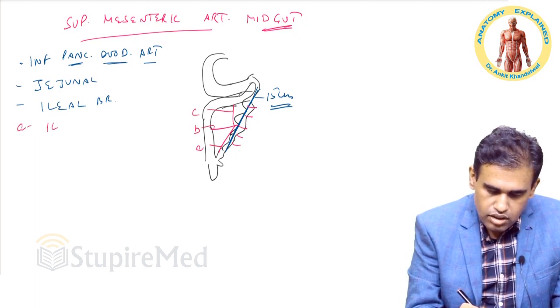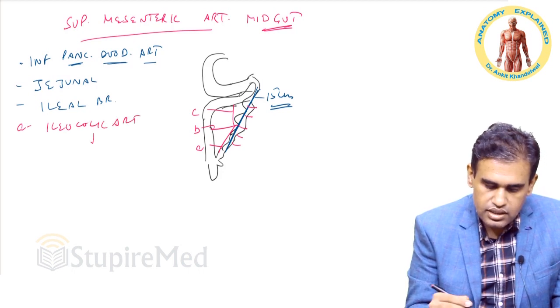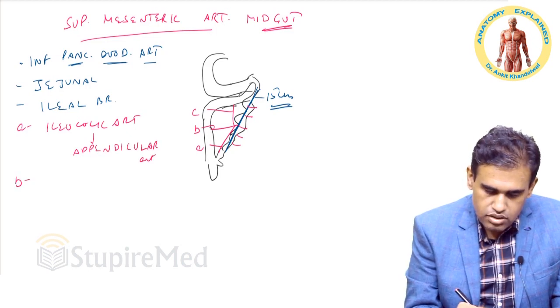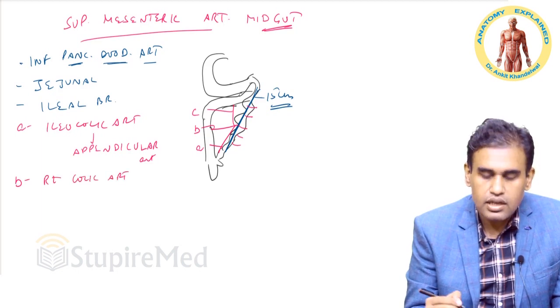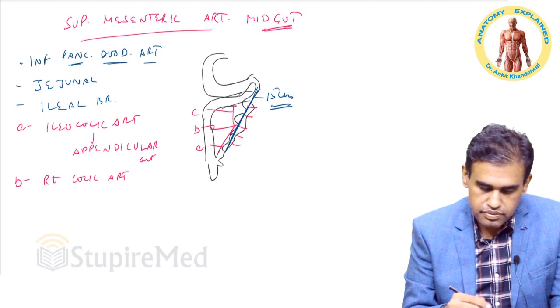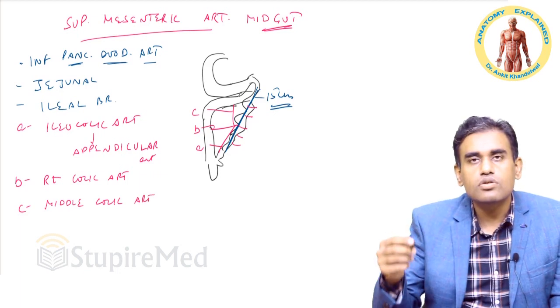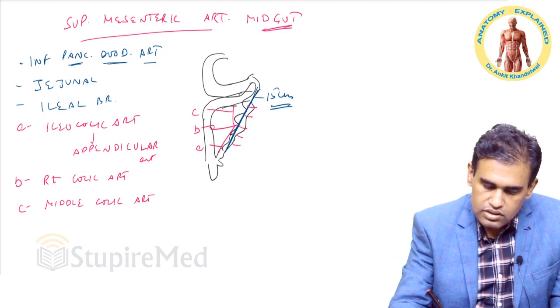A is your ileocolic artery, and its descending branch gives off the appendicular artery. B is your right colic artery. It mainly supplies the ascending colon and the parts related to it. And C is your middle colic artery, which supplies the proximal 2/3 of the transverse colon, and all these will form the arterial arcades that we just discussed.